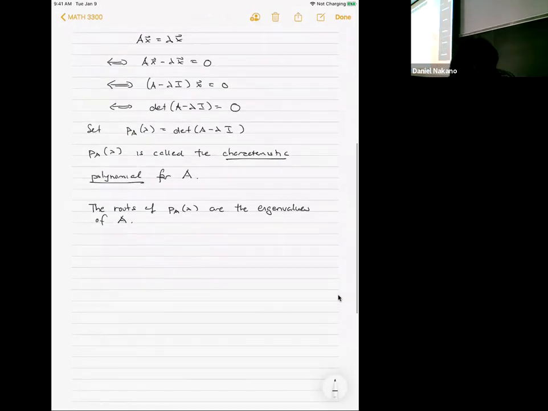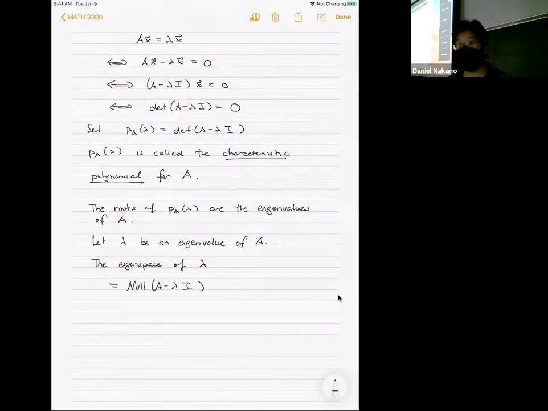Let lambda be an eigenvalue of A. The eigenspace of lambda equals the null space of A minus lambda I. This is a subspace of R^n, because the homogeneous solutions form a subspace.